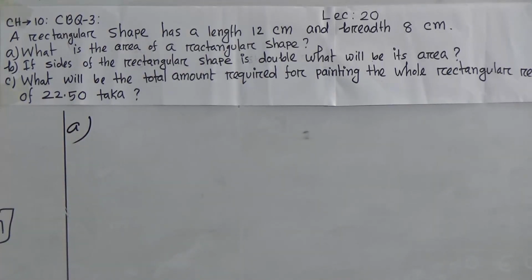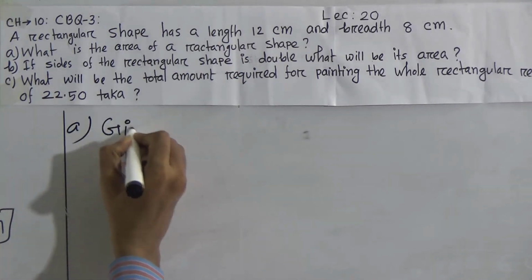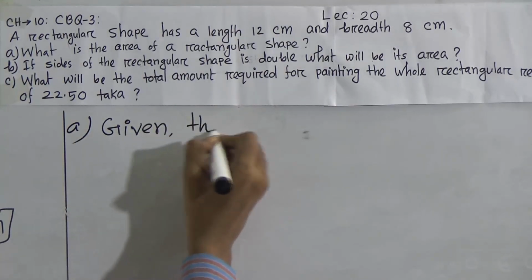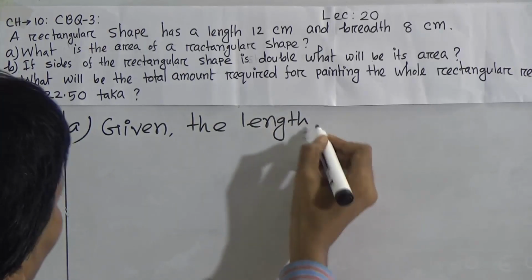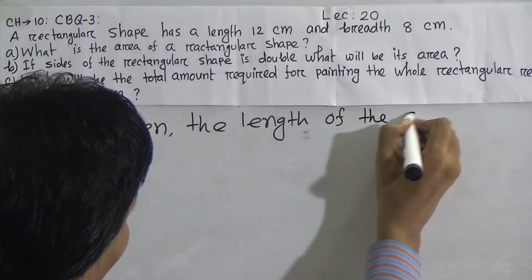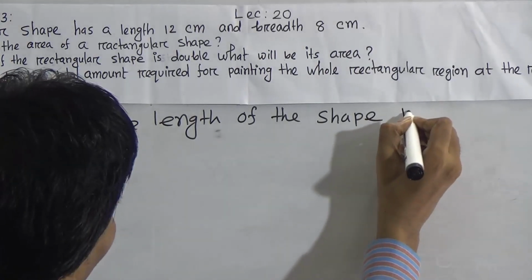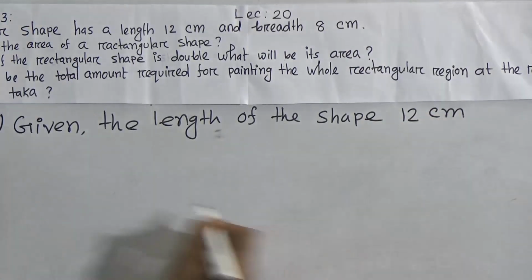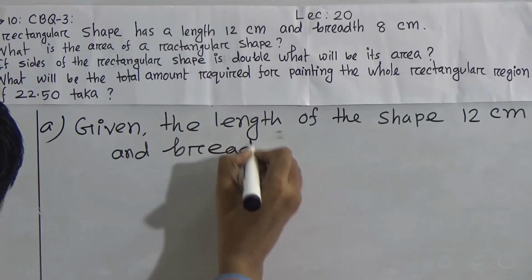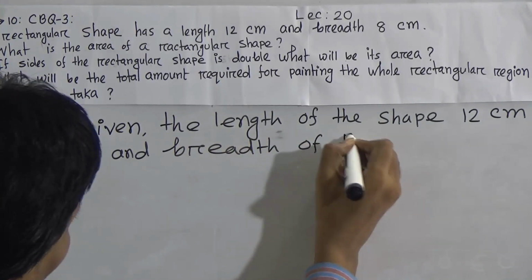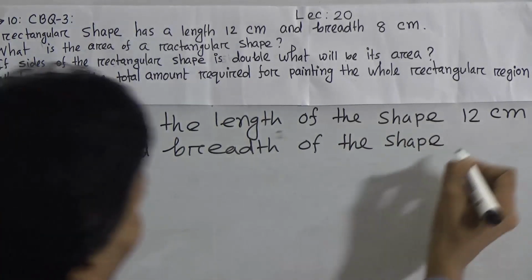Given the length of the shape is 12 centimeter and breadth of the shape how many? 8 centimeters, right?